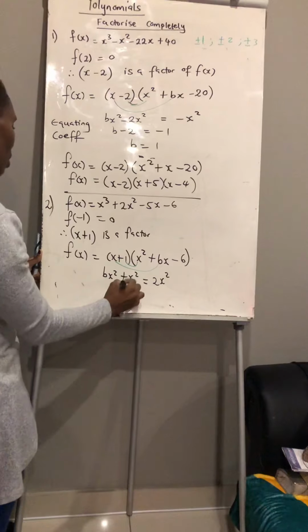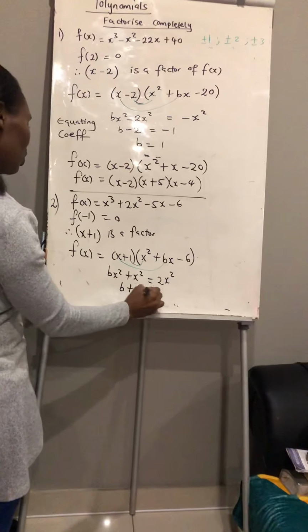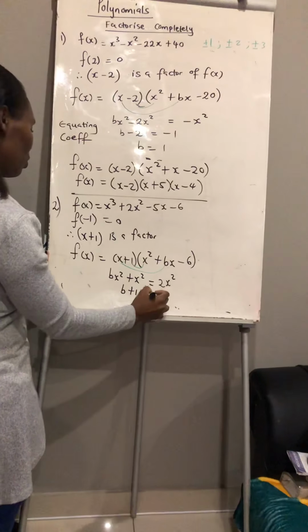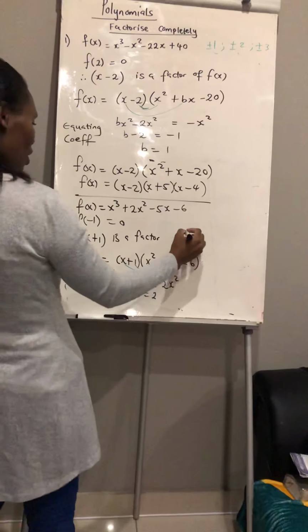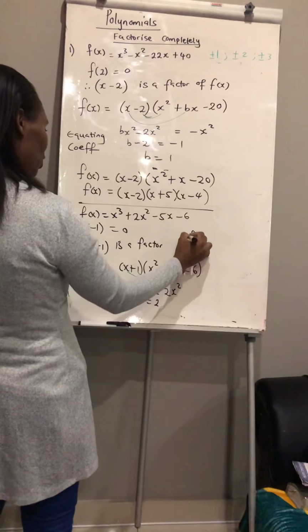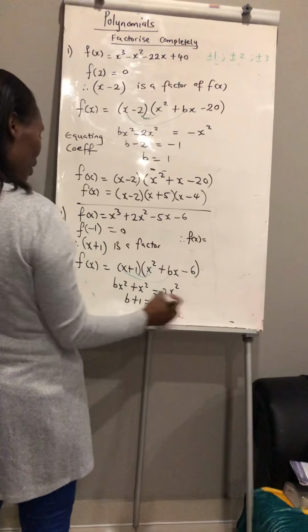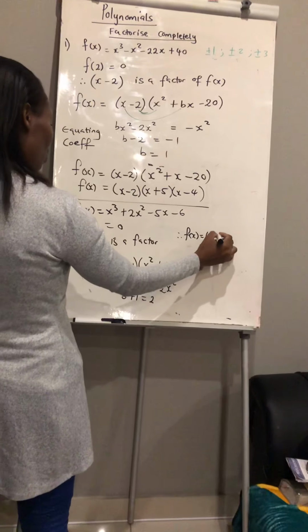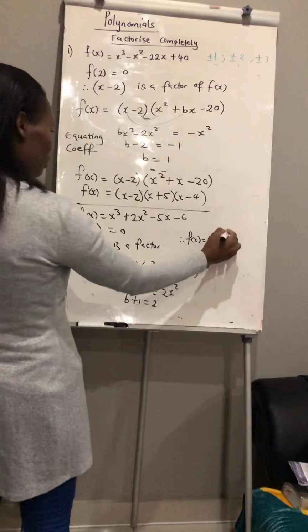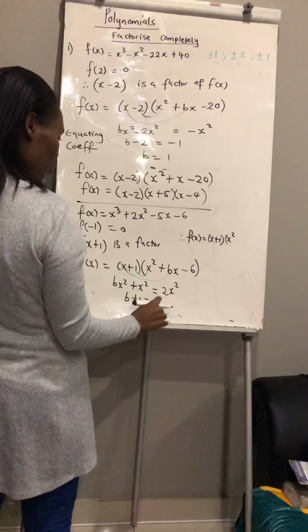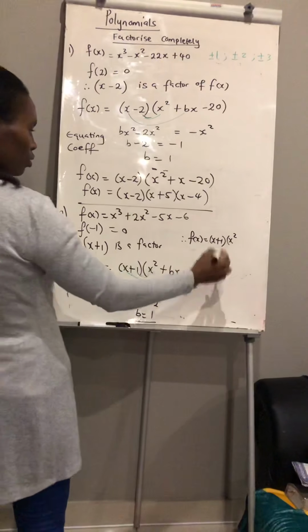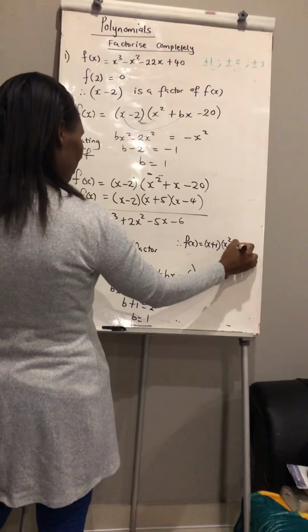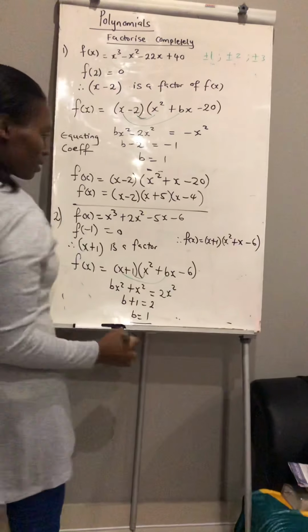So it's b plus 1 in this situation, which is actually equal to 2 if I equate the coefficients. Notice how my function of x can now be written as x plus 1, which is this one. In place of b, I am going to put, you can see how b is 1, so I'm going to put 1 there and say minus 6.